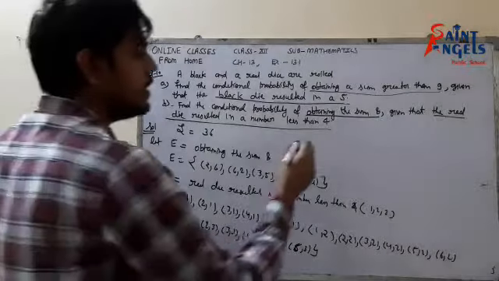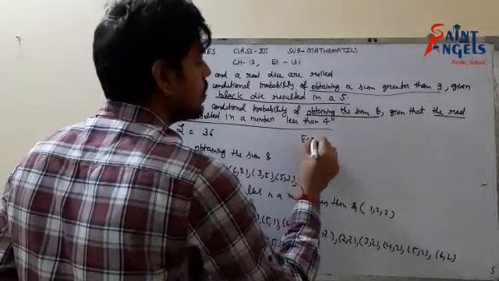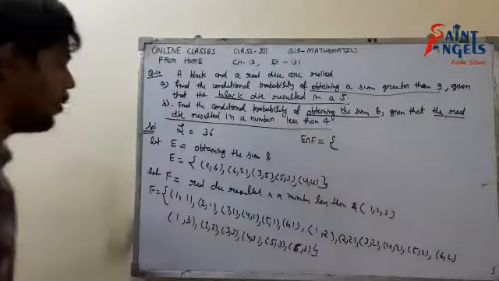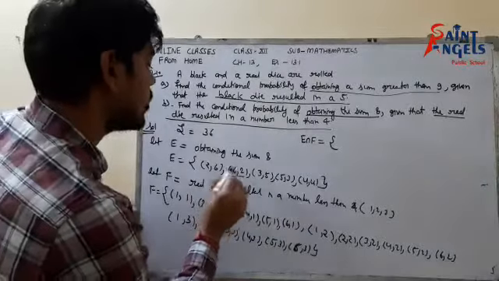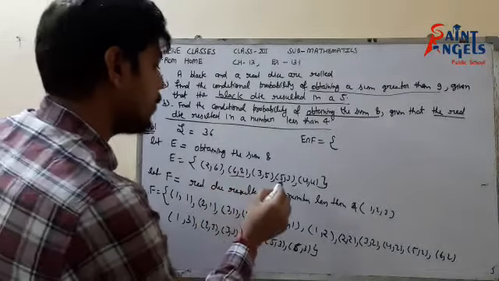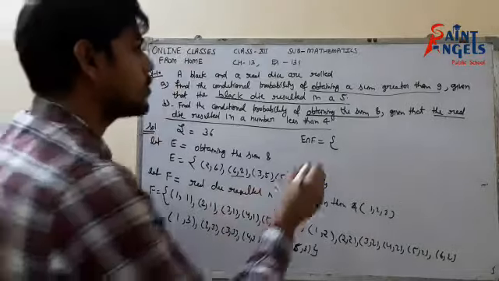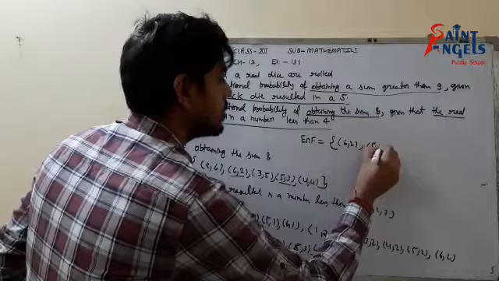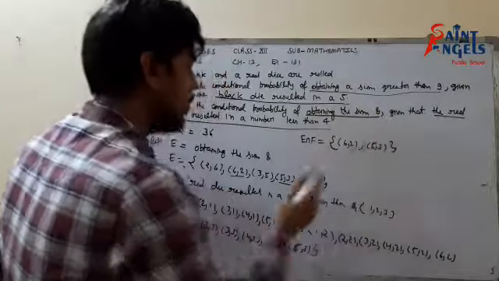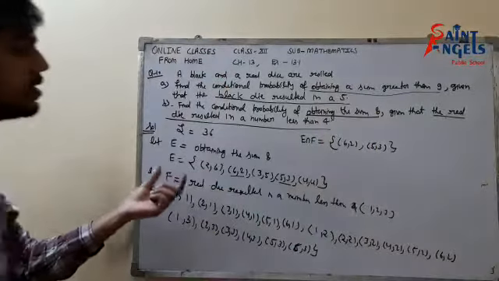Okay, now find E intersection F. What are the common elements? The common elements are 6, 2 and 5, 3. These are the two common elements. Now we have to find each event's probability.